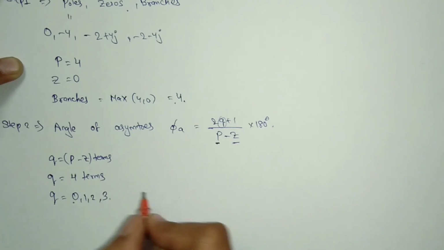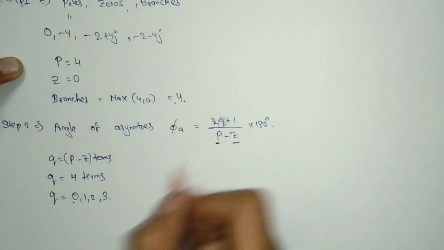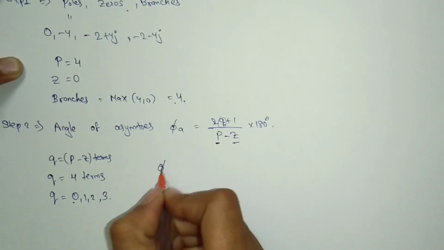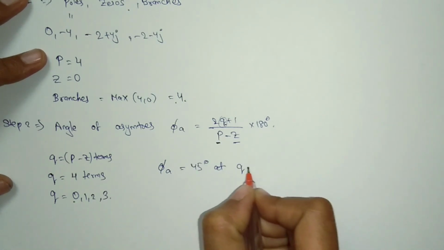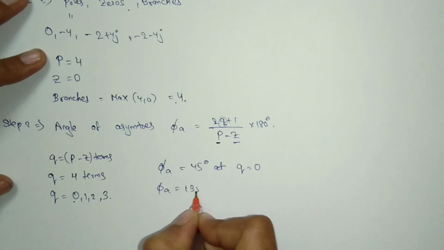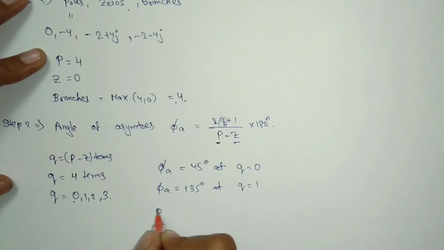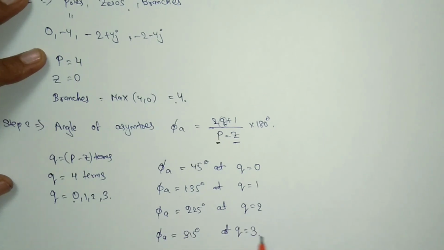When we put q equal to 0, 1, 2 and 3, we will get 4 values of the angle of asymptotes: 45 at q equal to 0, 135 at q equal to 1, 225 at q equal to 2, and finally 315 at q equal to 3.